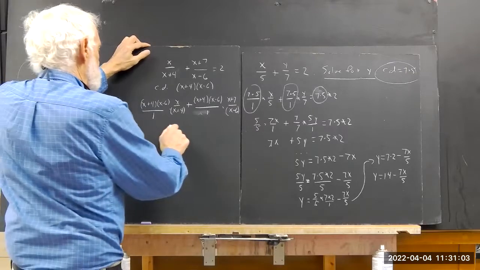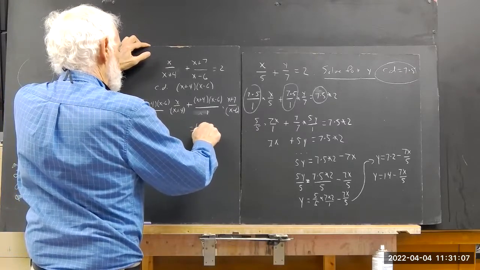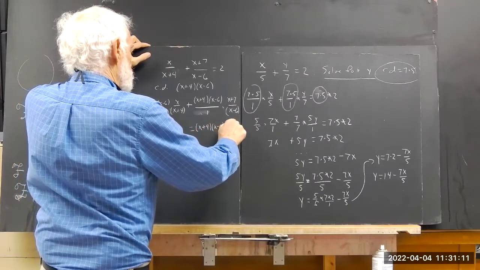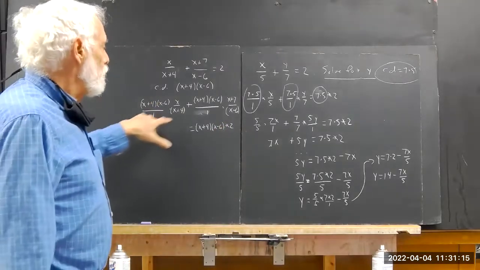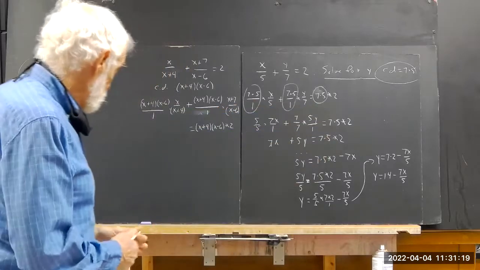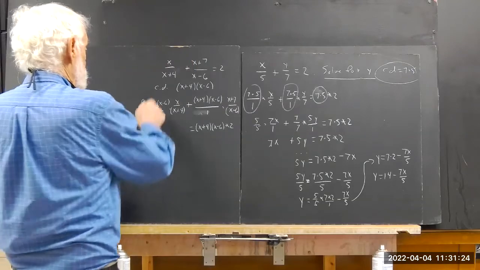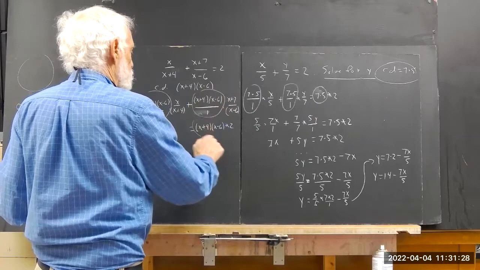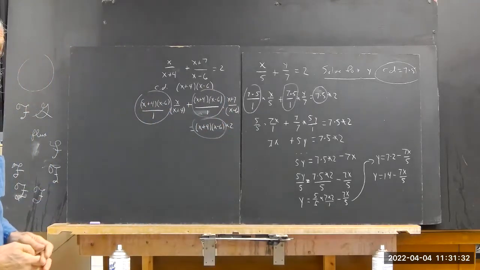And that's going to equal x plus 4 times x minus 6 times 2. Now, can you see how everything I've written here is completely analogous to what I've written here? I've done exactly the same thing. I'll circle the thing that I multiplied by every term so you can see it even more clearly.